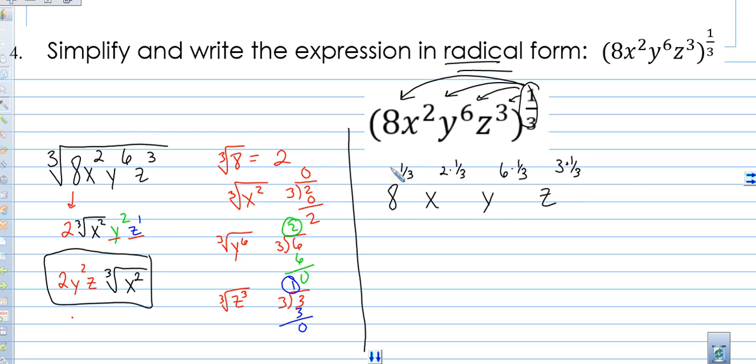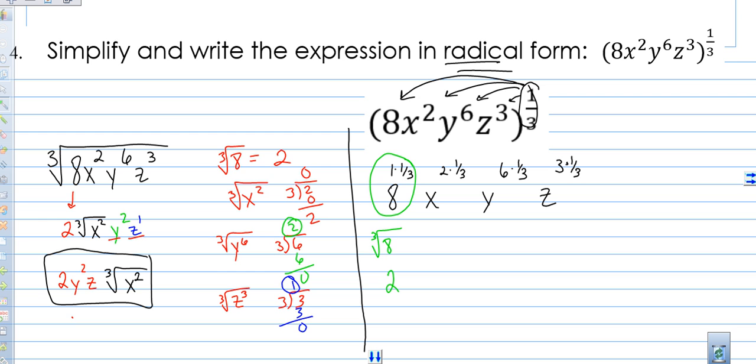Okay? Or you could have done 1 times 1/3. Doesn't matter. Okay? So now the 1/3 power we learned earlier is the same thing as the 3rd root of 8. But you can still type it in the calculator as the 8 to the 1/3 power. And either way you'll get 2.